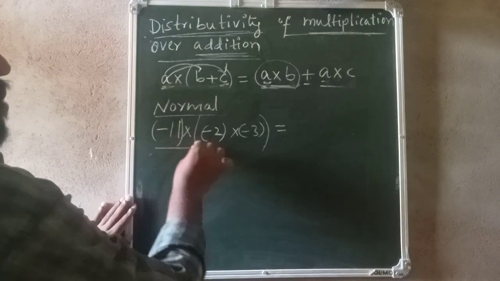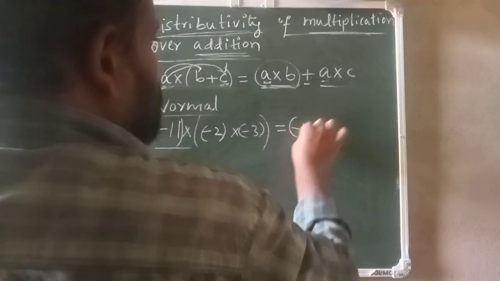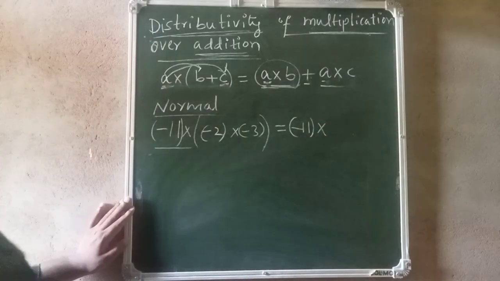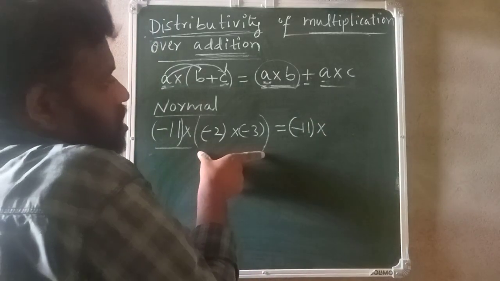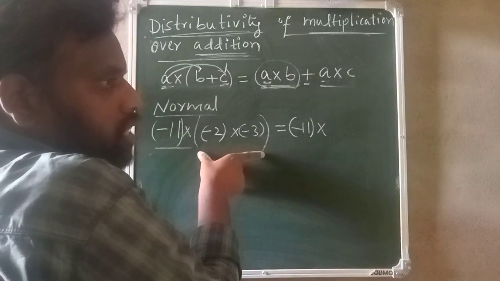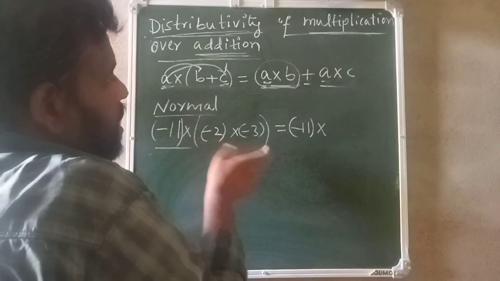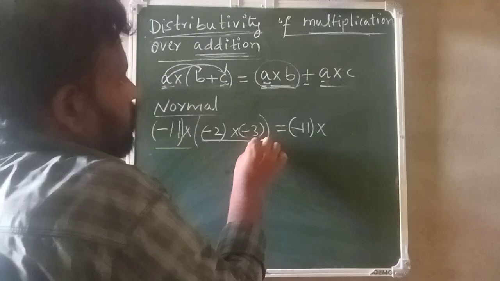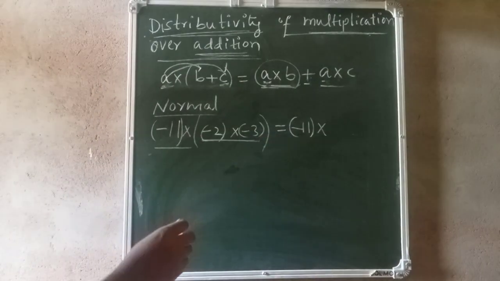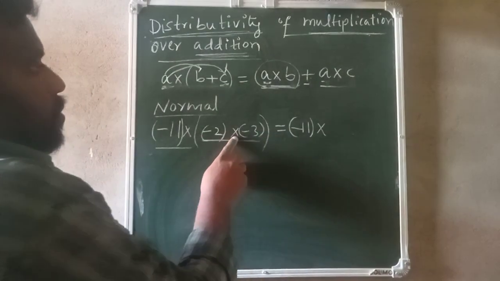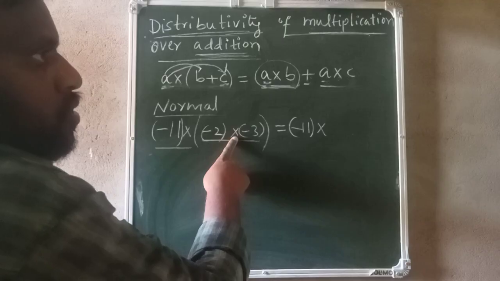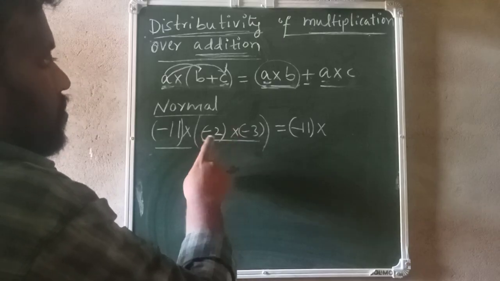Write this minus 11 into, as it is. Within this bracket, whatever we have, we have to simplify first. Here into is there, multiplication. First multiply the signs.